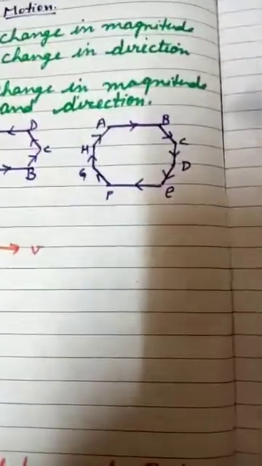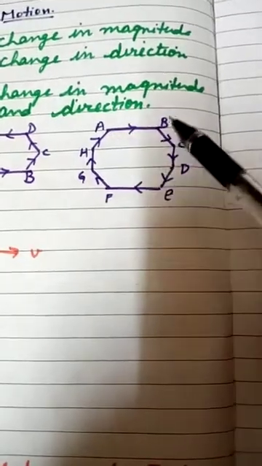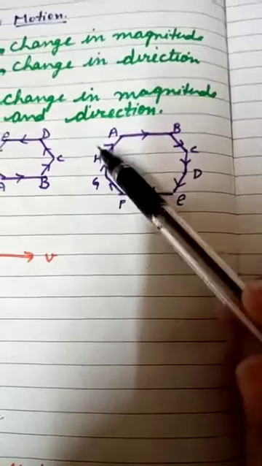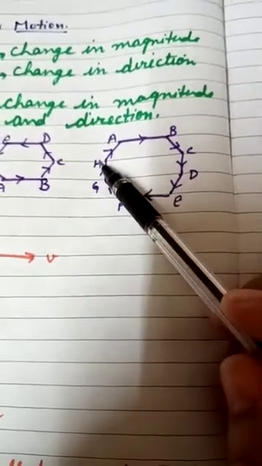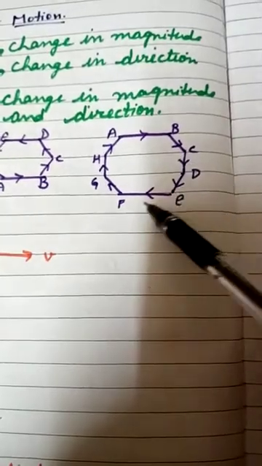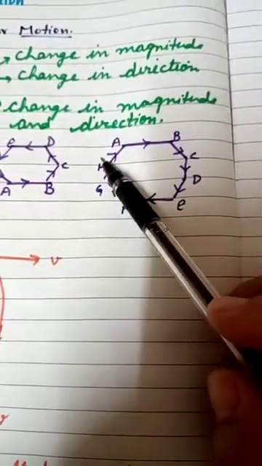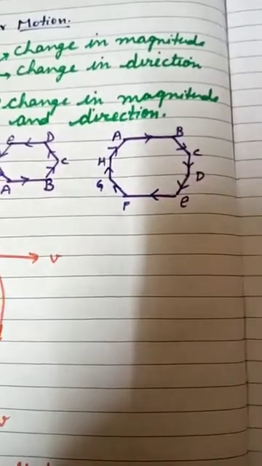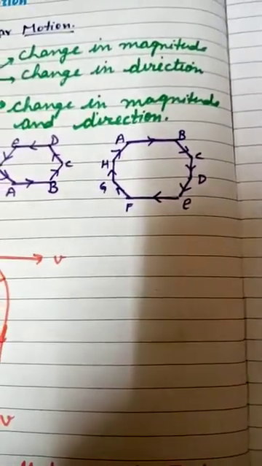And if we see an octagon with sides A, B, C, D, E, F, G, H, 8 sides are there, so velocity changes 8 times. As many times as direction changes, velocity changes also.